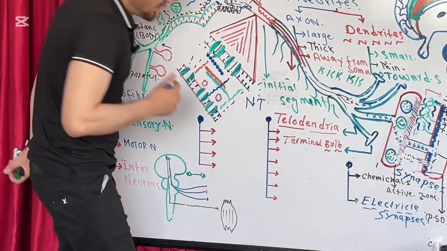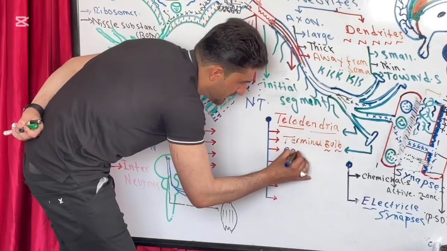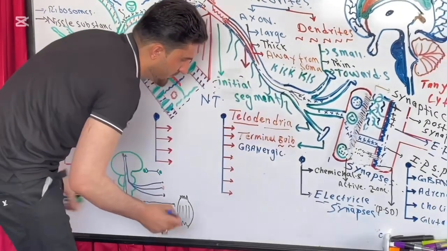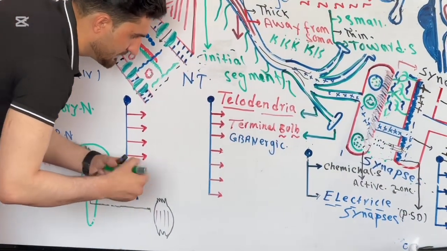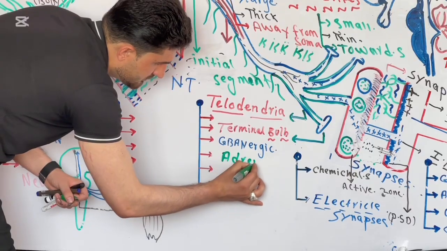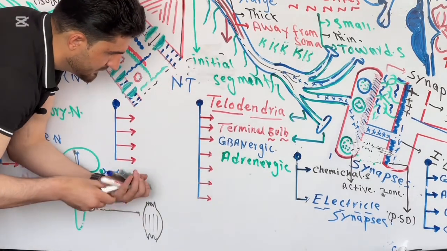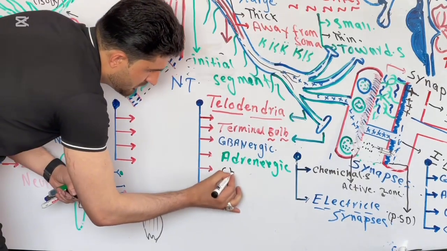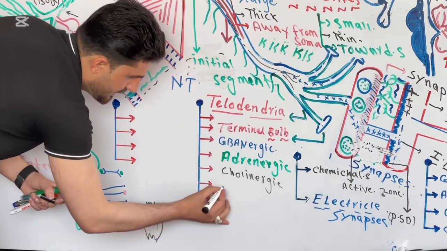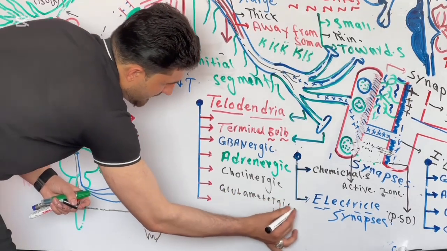For example, we have GABAergic neurons, adrenergic neurons, cholinergic neurons, glutamatergic neurons, and so on.